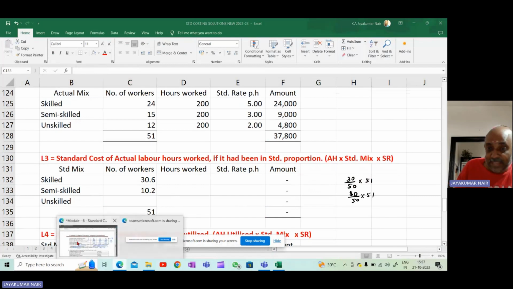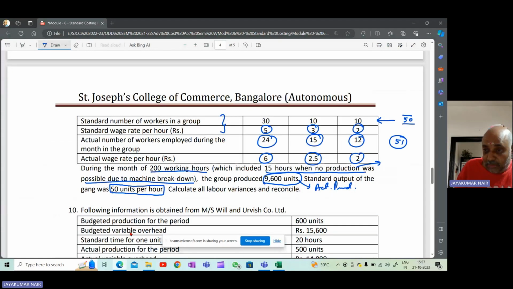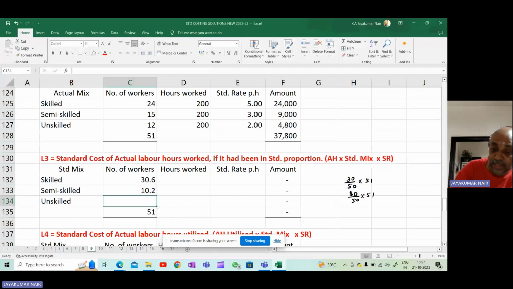See here, they say that if the total workers is 50, 30 should be skilled, 10 semi-skilled, and 10 unskilled. So 10 over 50 is the standard mix. Here it will be 10 over 50 into 51. Again, you will get 10.2. So when you add these three, you must get 51.